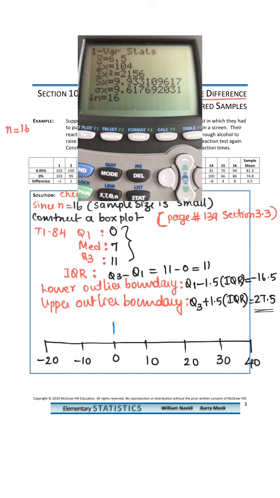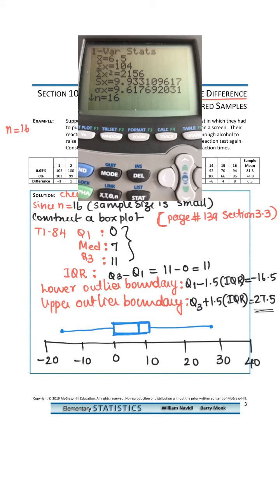At 0 put a line, and median 7, so approximately 7 here, and Q3 is 11. Then make a box out of that like that. Then negative 16.5 is there, 27.5 is close to 30, so that is there. So connect those.